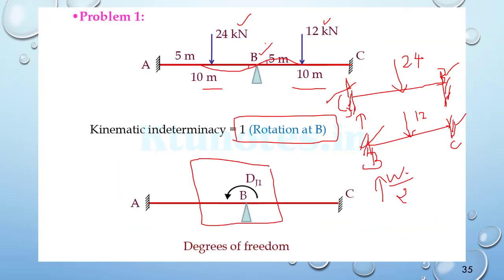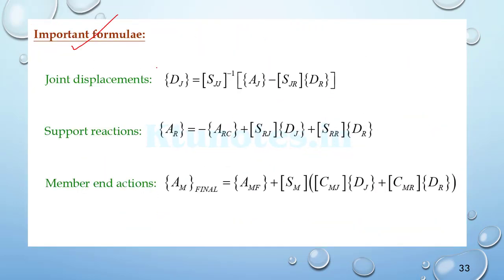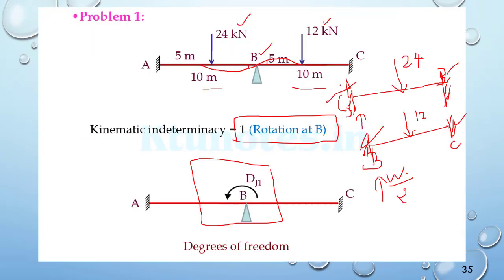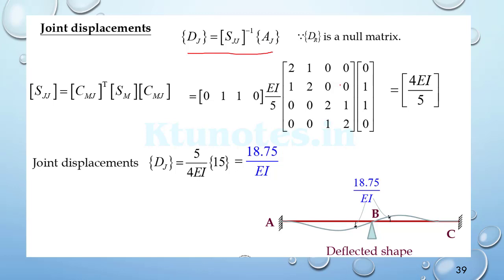The complete equation is DJ is equal to SJJ inverse into (AJ minus SJR into DR). So this term is not there, the displacement due to the redundant being actually a null matrix.